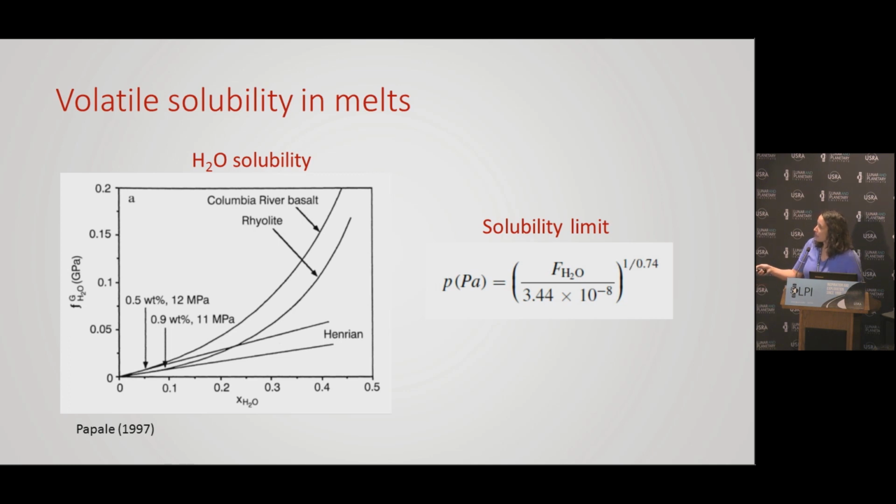You can see that as we increase the water abundance in the melt, we are going to increase the atmospheric pressure of the atmosphere that is in equilibrium with this magma ocean. And we can derive similar solubility limits for other volatiles like CO2.